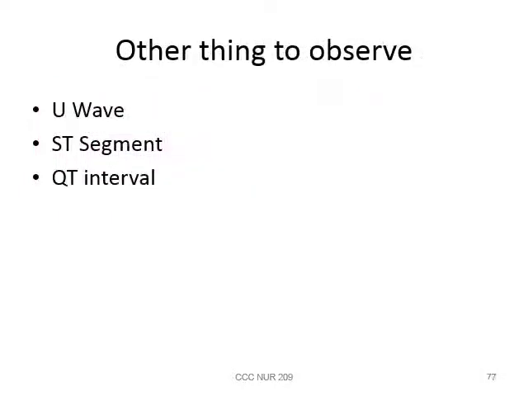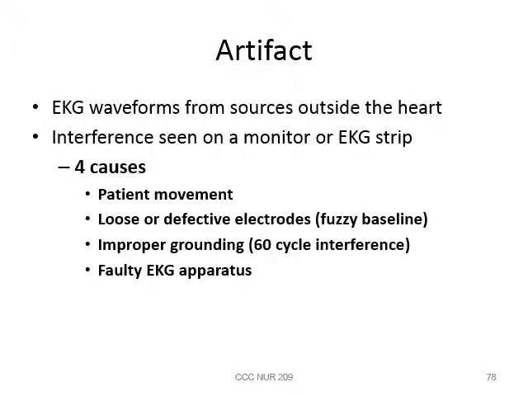You can practice those. Now, other things to look for: the U wave, the ST segment, and the QT. We'll talk about those. Now, we talked in the very beginning about when you set these systems up, you've got to make sure your contact pads are in good contact with the skin. You've got to clip the skin, rough the skin up a little bit.